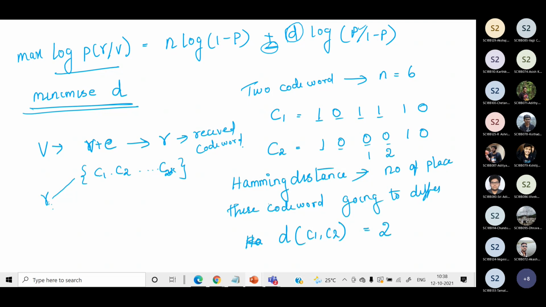Whichever code word has the minimum Hamming distance, I will choose that as the transmitted code word.